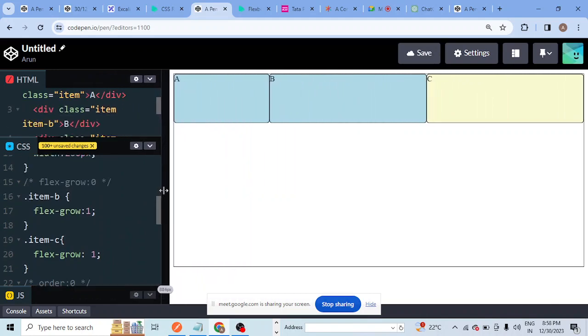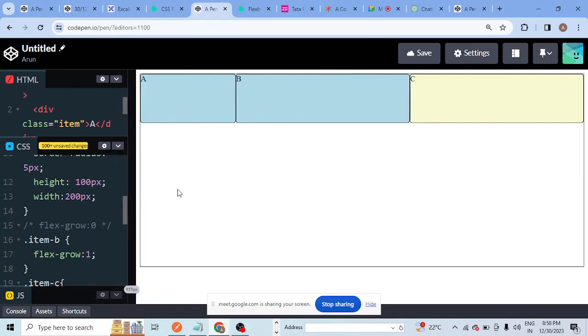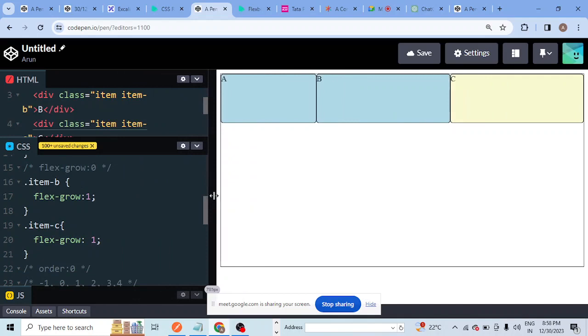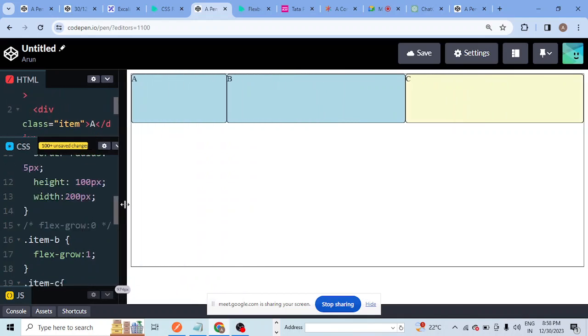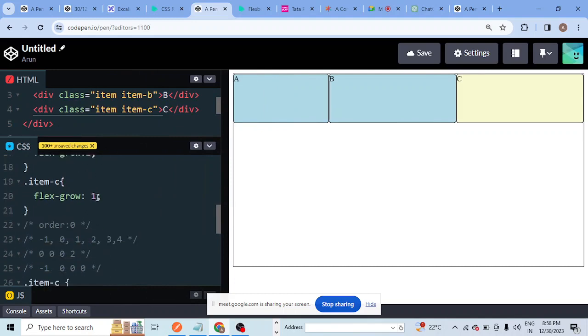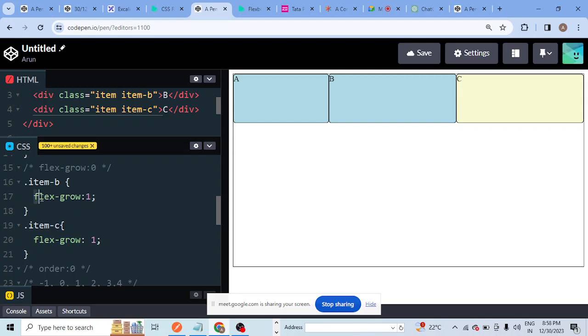Now item B and item C are distributing equal space from that available space. The available space is being divided in two portions: one portion for this particular item B, and one unit of space for item C. Basically one fraction of available space.